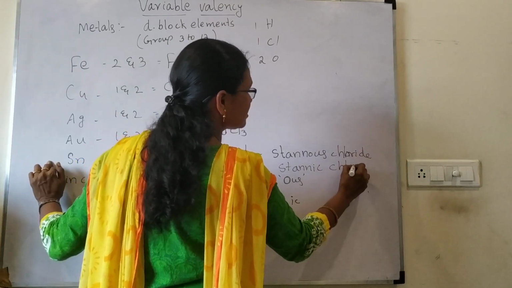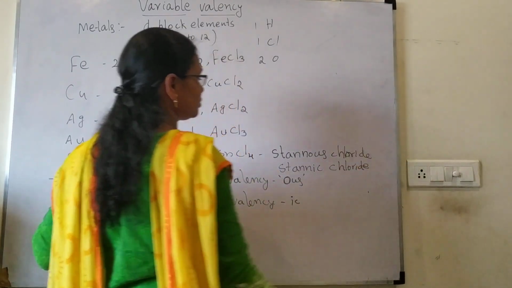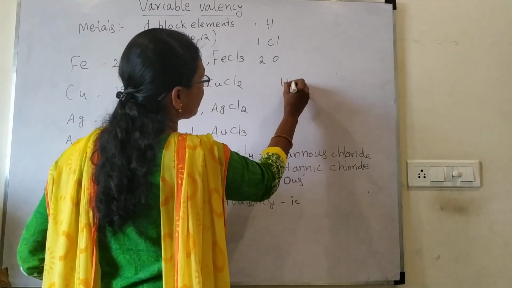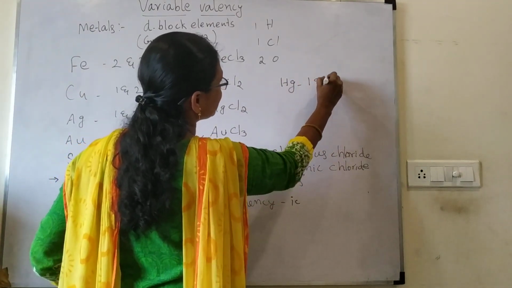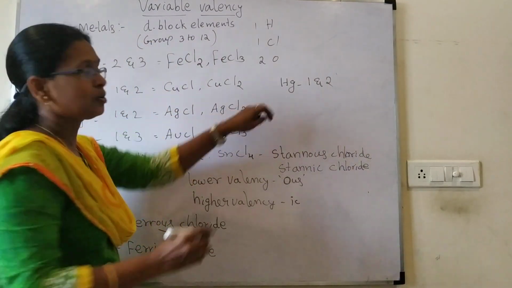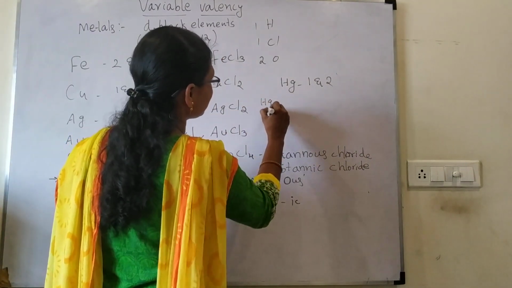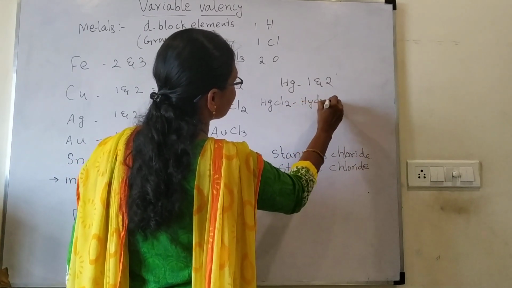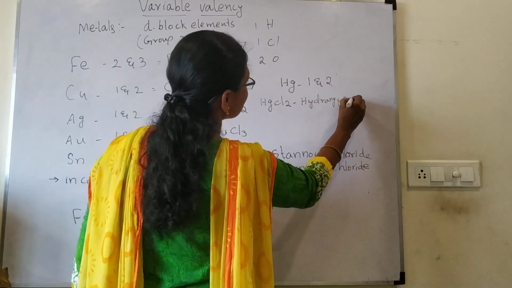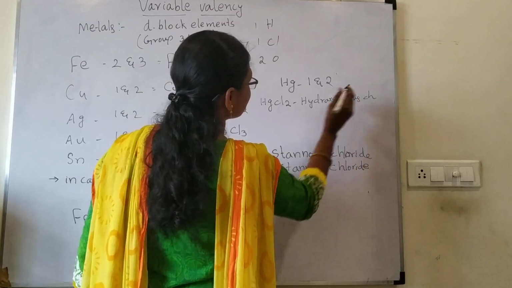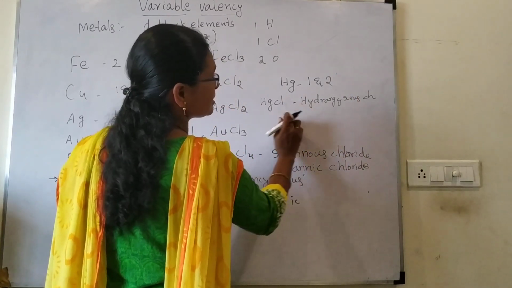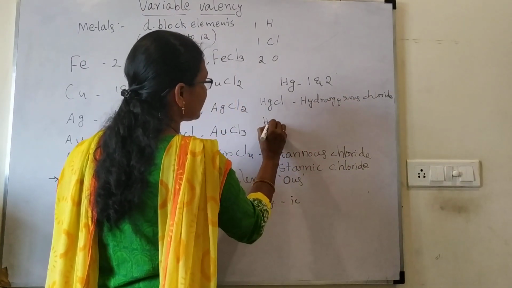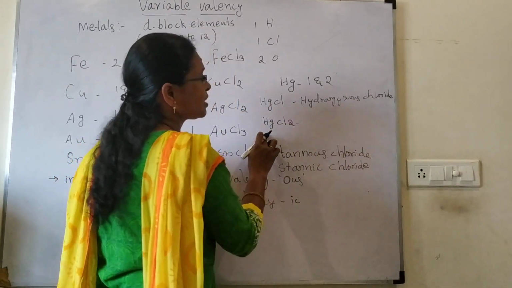So like this we are able to explain about the valency. Even mercury also, we can say, mercury has a variable valency 1 and 2. Mercury chloride, HgCl. That we are telling as mercurous chloride. This is the lower valency, HgCl, when you are writing mercurous chloride, and you take HgCl2.